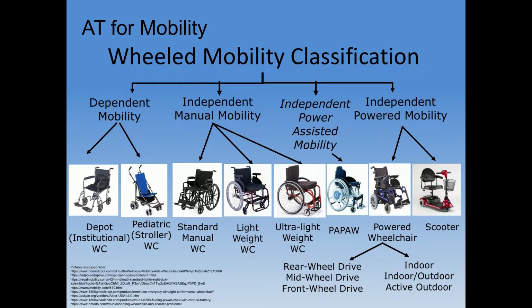Finally, the scooter, which is not technically considered in the wheelchair category. Scooters are by itself its own entity. It's a wheeled mobility device, but it's used for outdoors, technically speaking. So it's meant for limited ambulatory needs. People who need to go out, shop, or walk long distances may just use that temporarily.